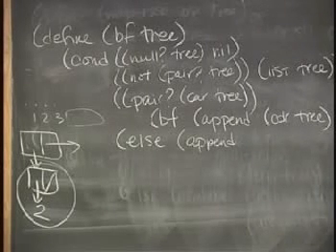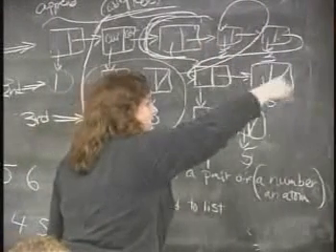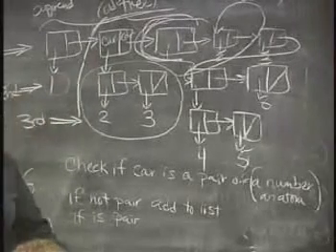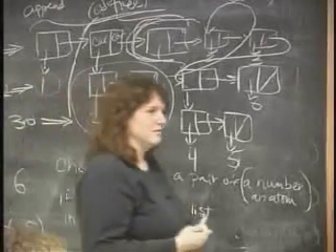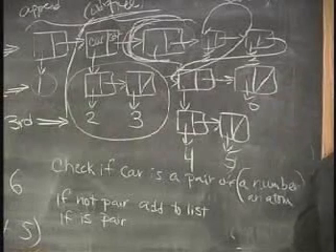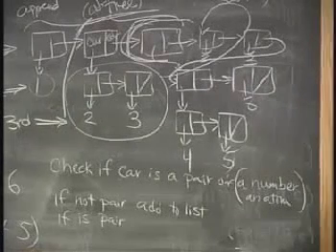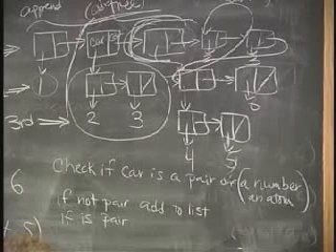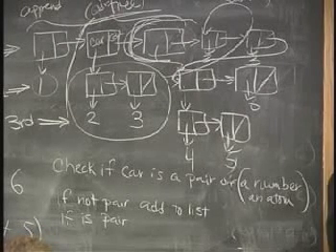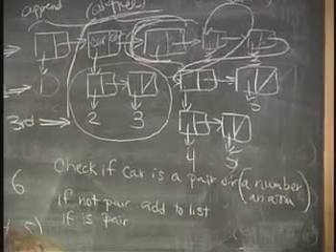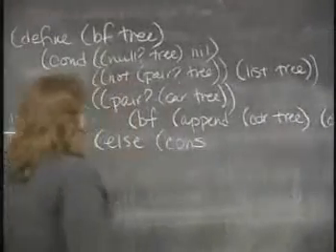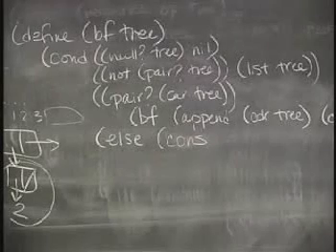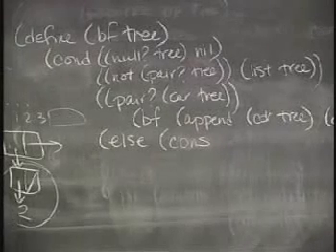But here's a cool thing. If we're using the append on our tree and we're bringing our tree up like this, are we going to actually have anything left to flatten at this point? No. So we can actually cons the car of the tree onto the cdr of the tree.